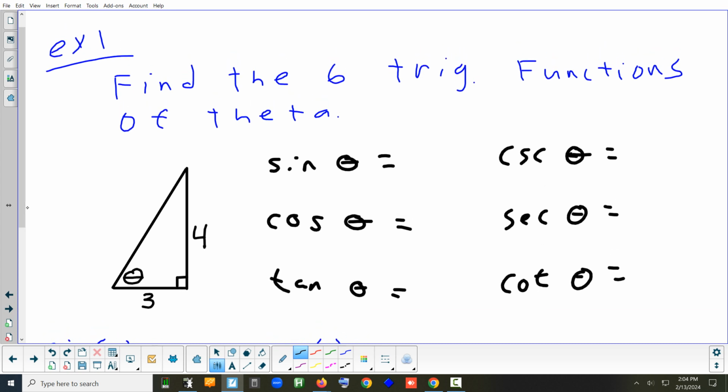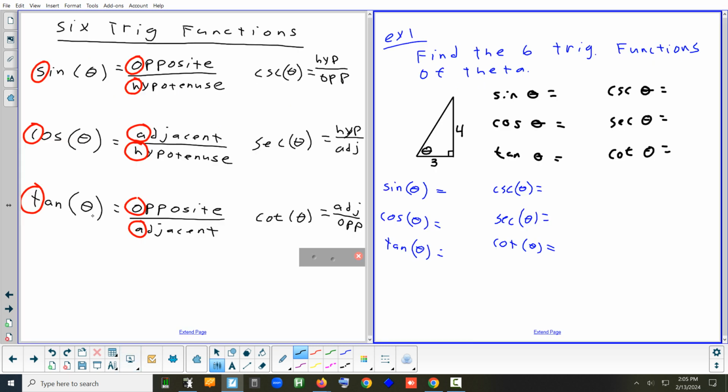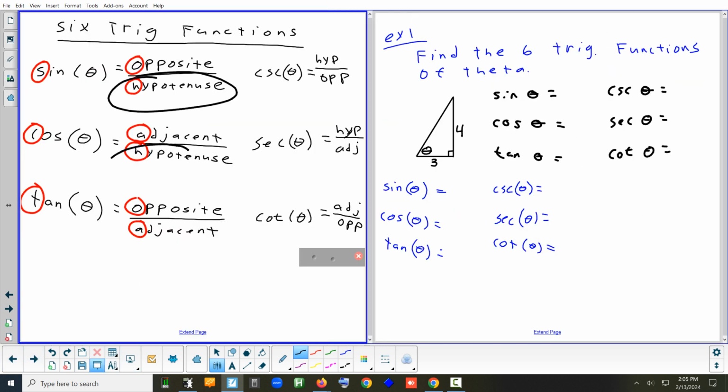Now, before I start writing all six down, what do you notice about my triangle? Right, I'm missing the hypotenuse. So any trig function that has the hypotenuse in it is a problem right now.